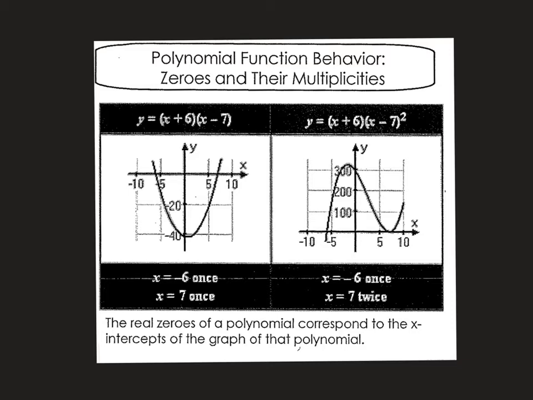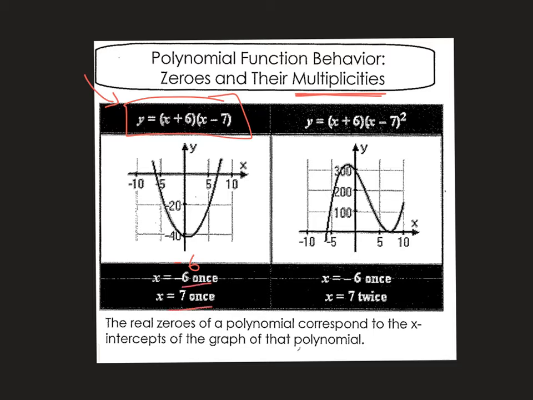Now what we want to talk about are the zeros and their multiplicities, right? So this idea that some of these zeros are going to come at us a little bit more than once. When we take a look at the function up here, we see that this is in factored form. And so we know that we have x equals -6 and x equals +7.